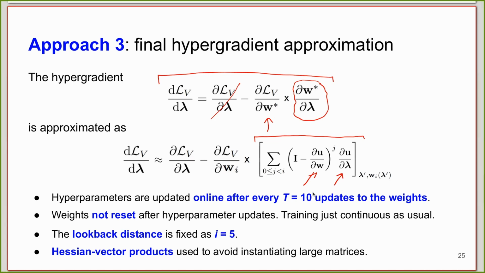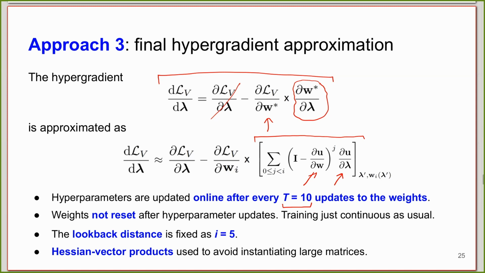The idea now is to put all this into practice in an optimizer that is running in an online fashion. You are optimizing your weights as normal, minimizing the training loss. But every once in a while, for example every 10 updates, you calculate the hypergradient on the hyperparameters and update the hyperparameters. You don't do it all the time because this has an overhead.